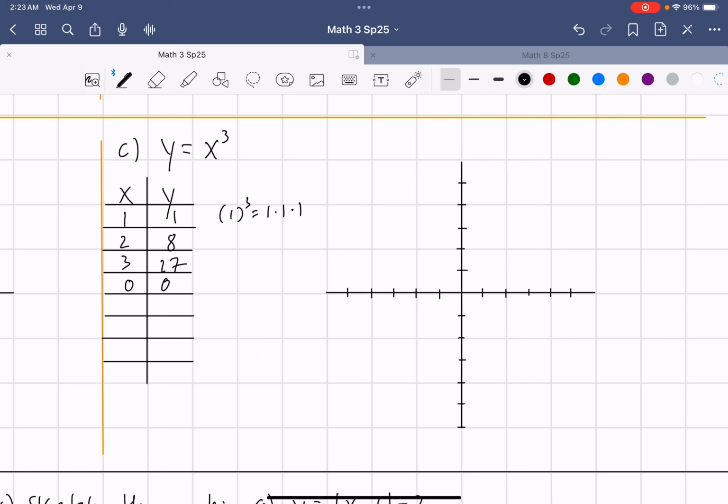And then maybe we can pick some negative ones. Negative 1 and negative 1. Negative 2 and negative 8. So if I start plotting some of these points, and again, I'm just taking these values and plugging it into x. 1 cubed is 1. 2 cubed is 8. And so on and so forth.